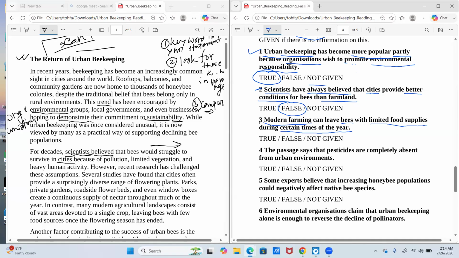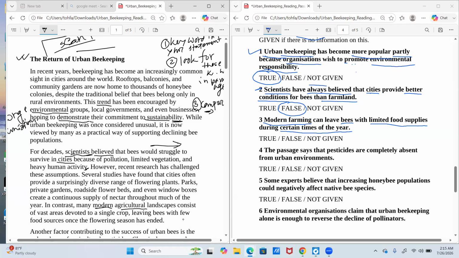So let's look for these clues in our passage. It's usual for the answers to be in order. So we would start finding our clues after the answer of two, which was here. So we would scan from here. Let's see whether we can find such clues or not. So we have found modern agriculture.